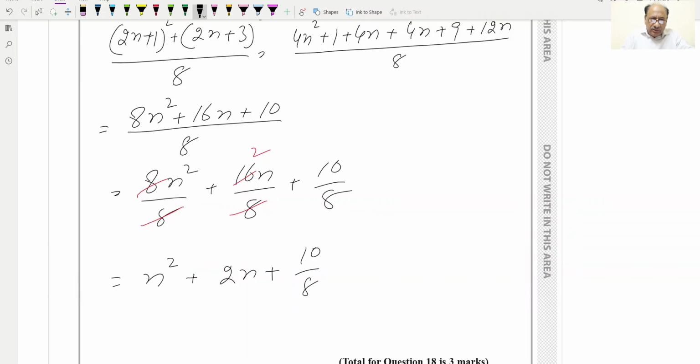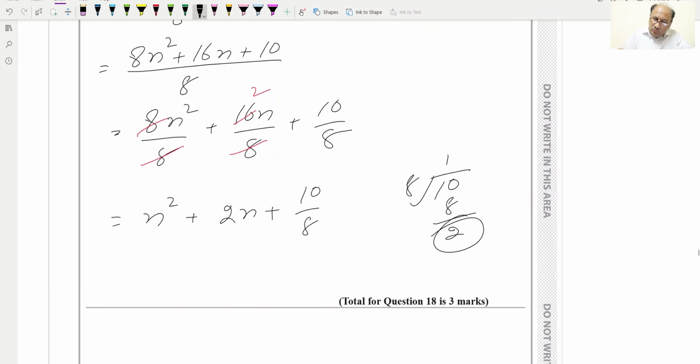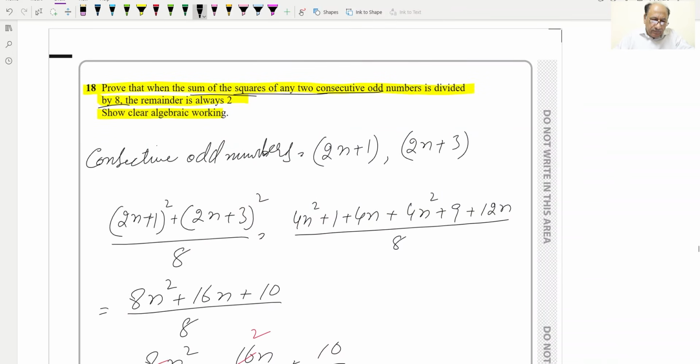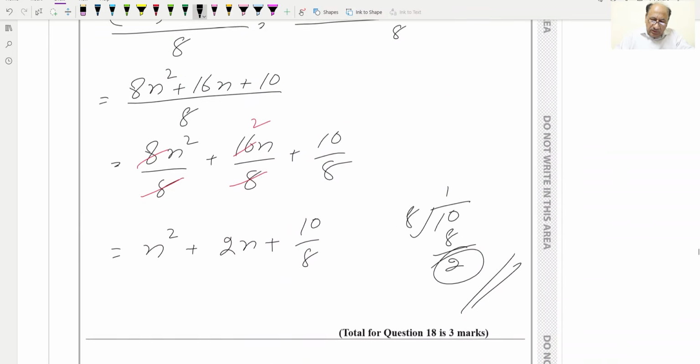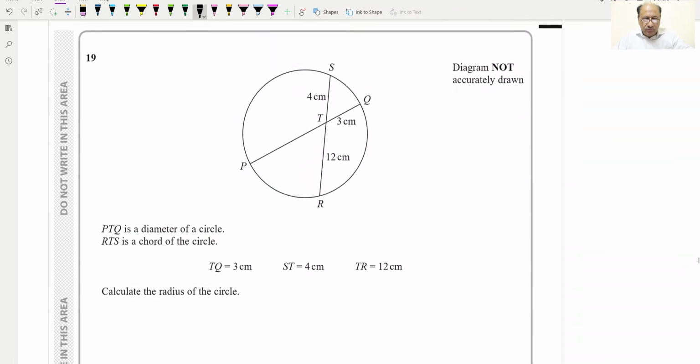So this is basically the whole number side, and this one is the fraction, which if we divide by 8 we will get remainder 2. So the remainder is 2, which we have shown. They are saying the remainder is always 2, so we can write here remainder is equal to 2. This is done. Hopefully you understood this.